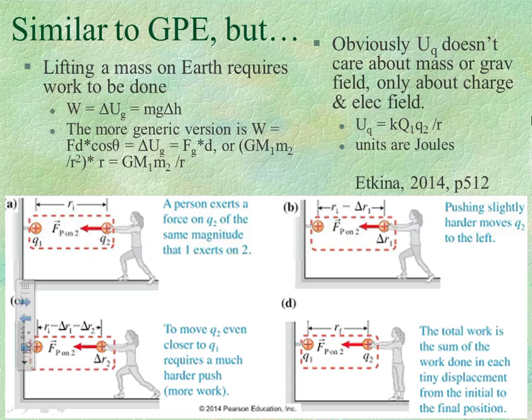Now, another big difference between gravitational and electrical: gravitational is always attractive. Electrical can be attractive, and it can be repulsive as well.